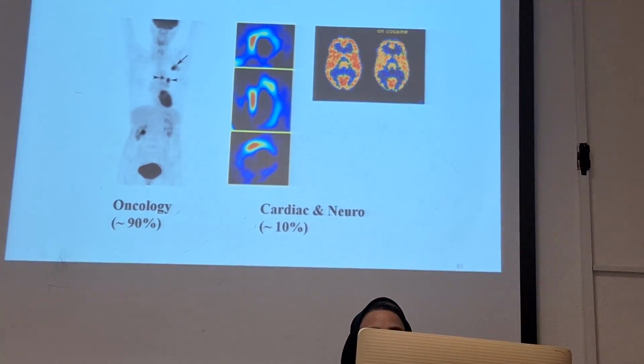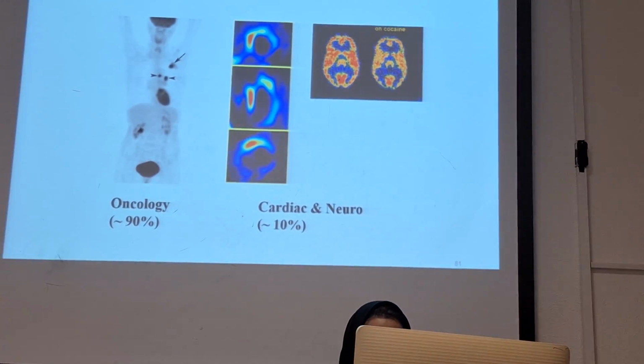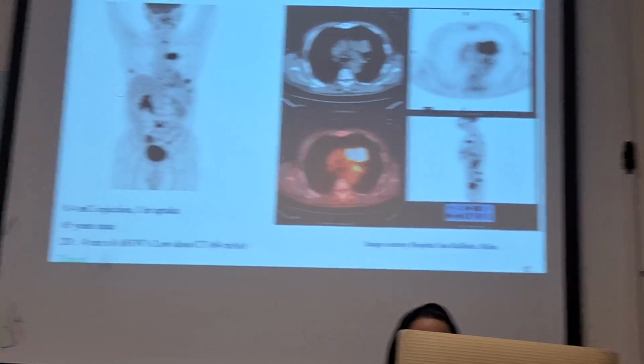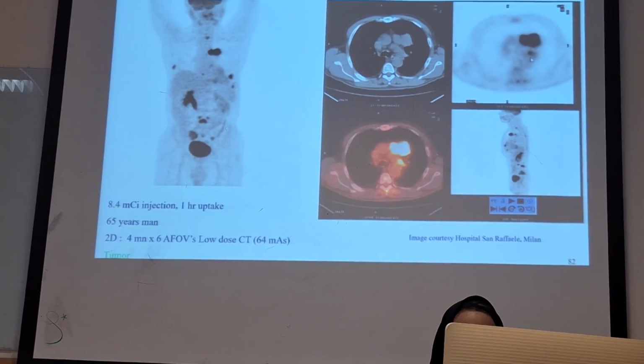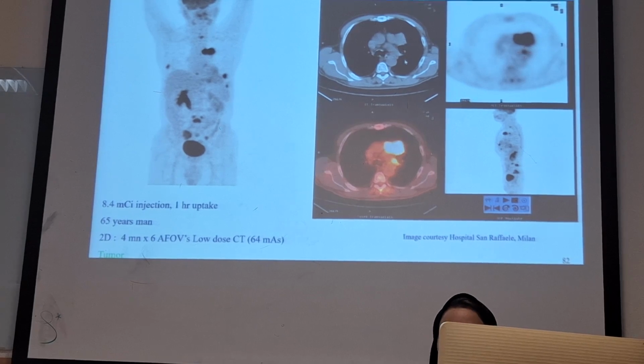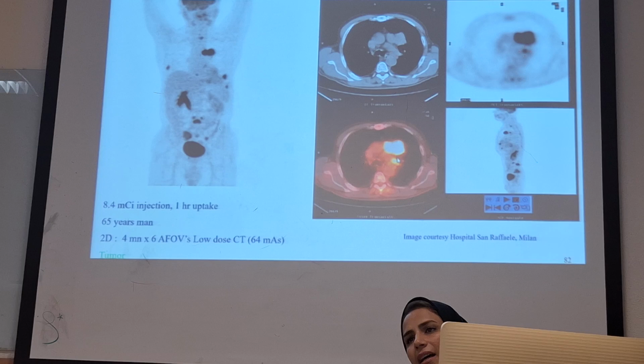In this area we have more metabolism and it absorbs more FDG. Or in the lung cancer, you can see again this is my PET image, this is my CT scan image, and this is the fused PET and CT scan.